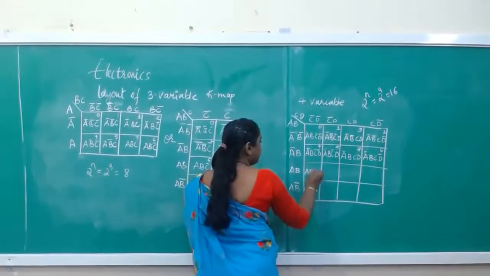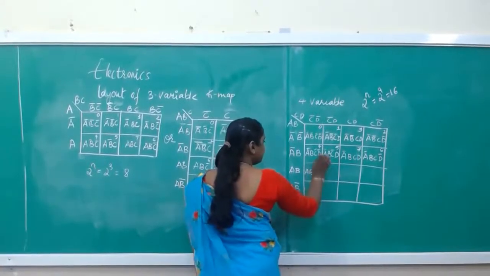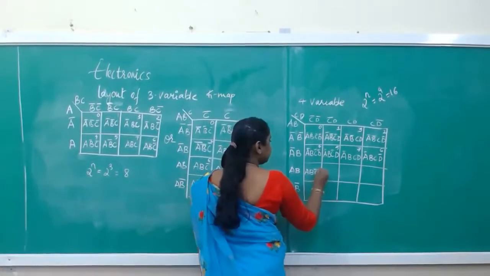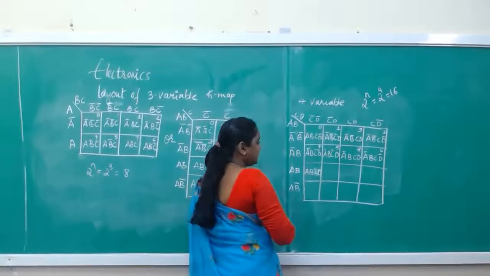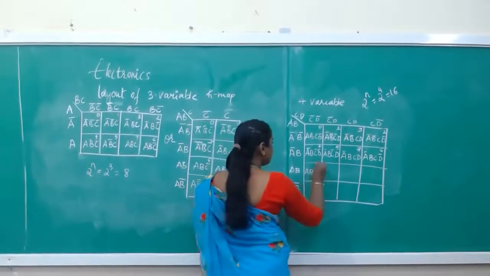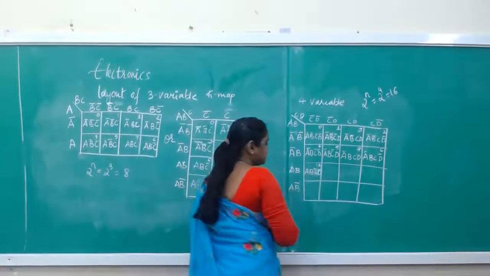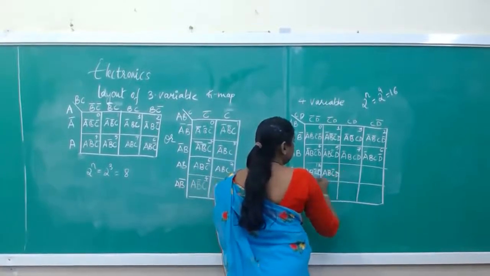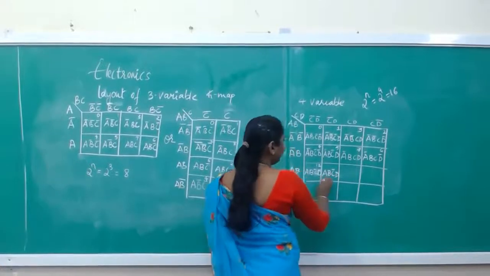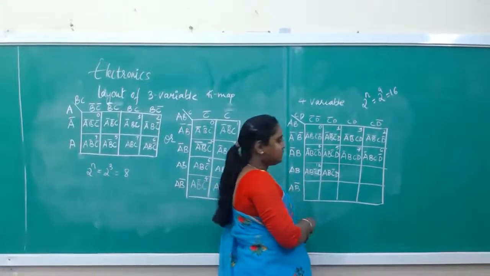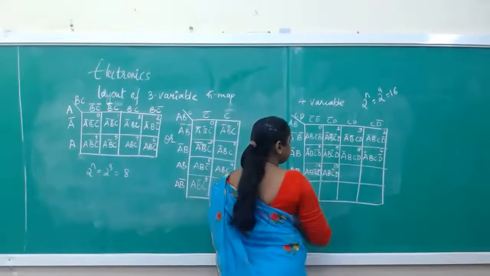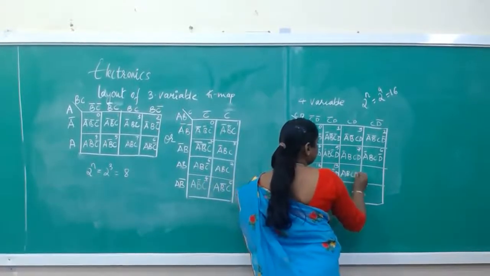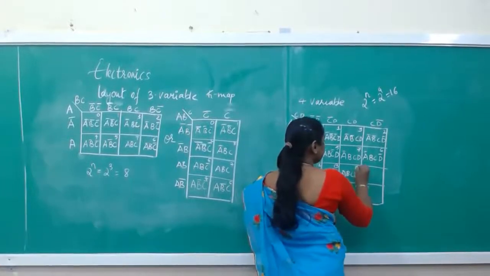A, B, C bar, D bar, 1 1 0 0, which means cell number 12. A, B, C bar, D, 1 1 0 1, which means 13. A, B, C, D, all ones, means 15.